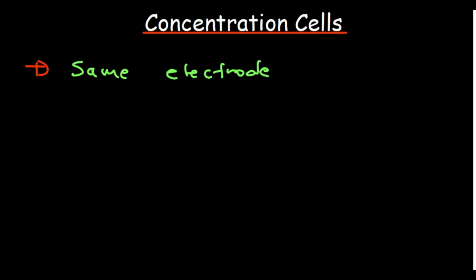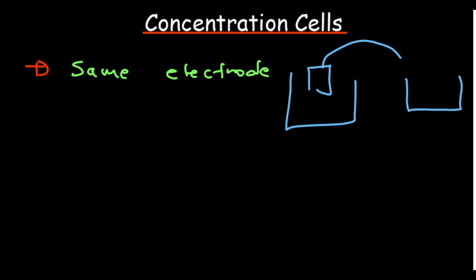You understand that we're not talking about an electrode, we're talking about the part that touches the solution, or the metal part that connects to the wire. So on the anode and the cathode, the electrodes are the same.